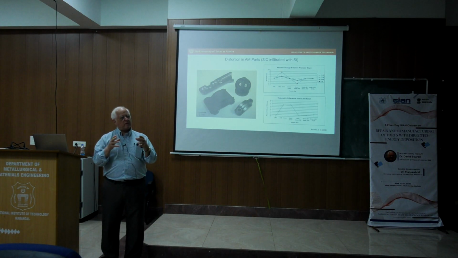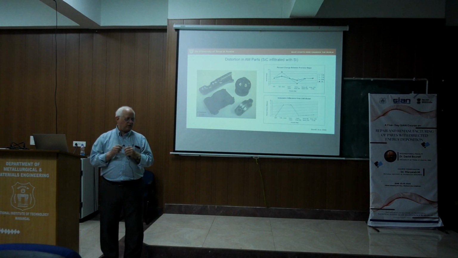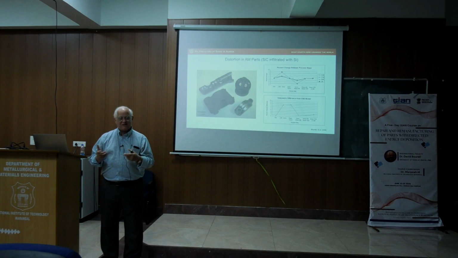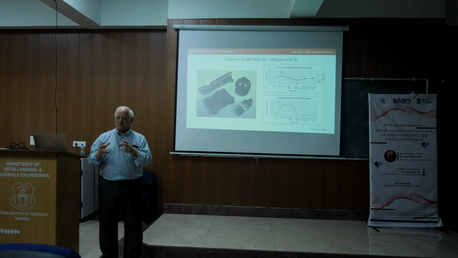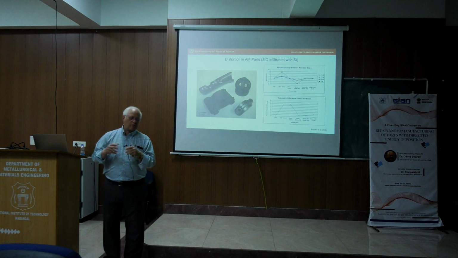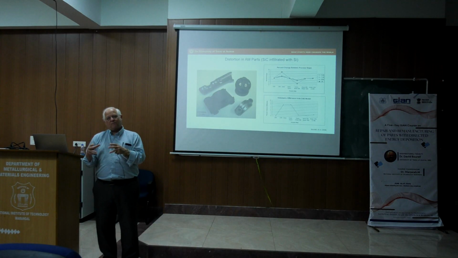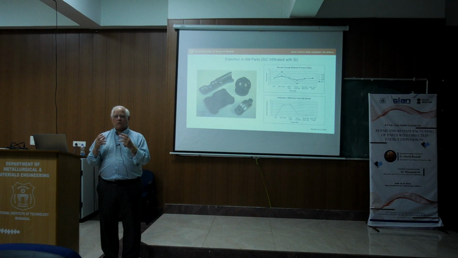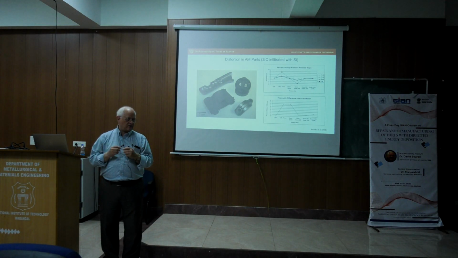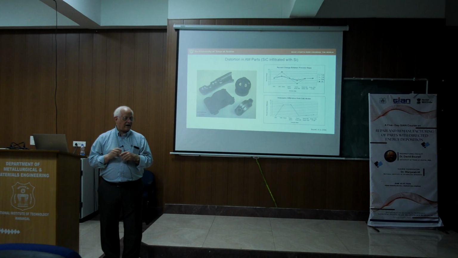Then, in some cases, we would infiltrate with an epoxy, just so the part could hold shape when we process the phenolic. After that we would heat the part up, remelt the phenolic, and give it enough temperature to cross-link into a thermoset.